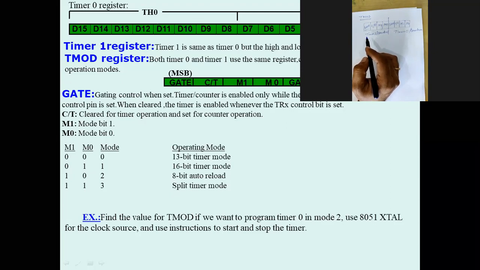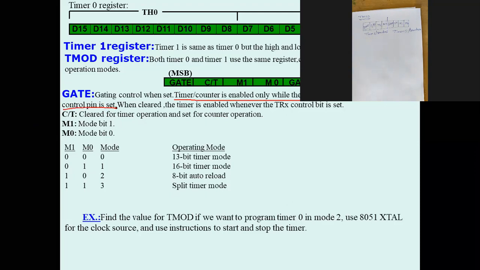Now look at the PPT. It is written that the timer counter is enabled only while the INTX pin is high and the TRX control pin is set. This TRX pin will be discussed in the next register, the TCON register, that is the timer control register.